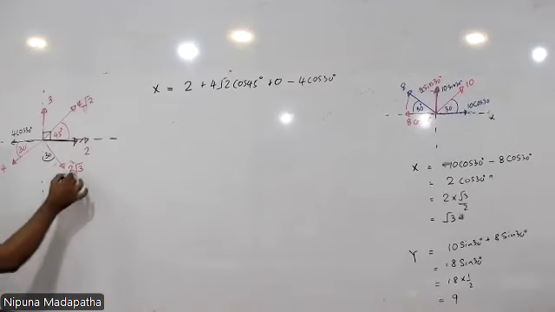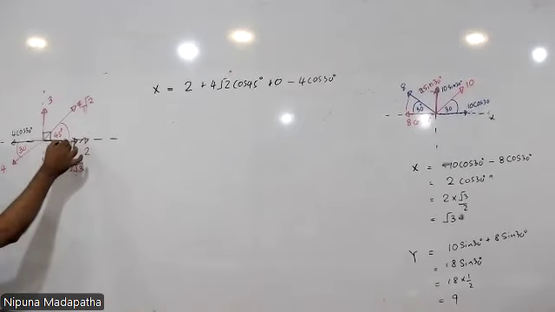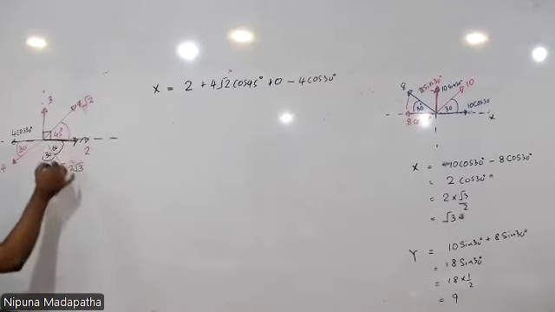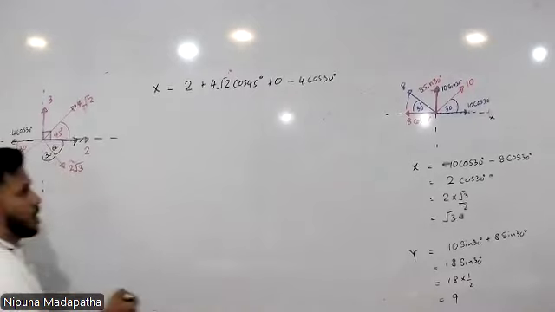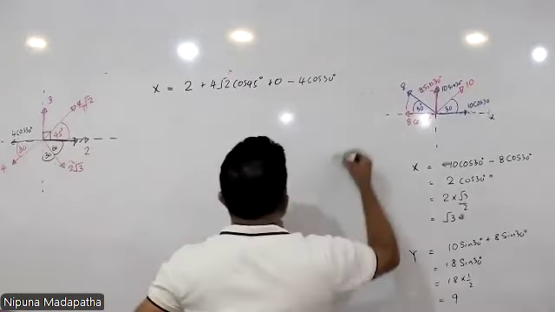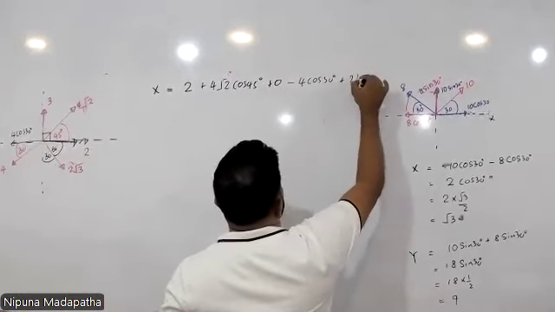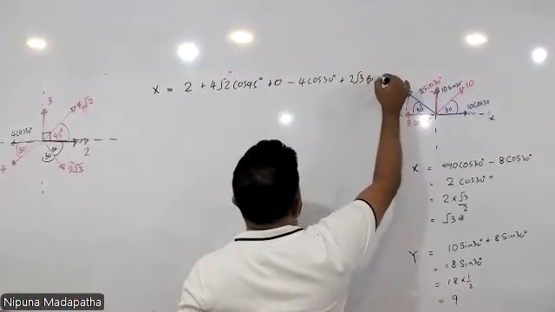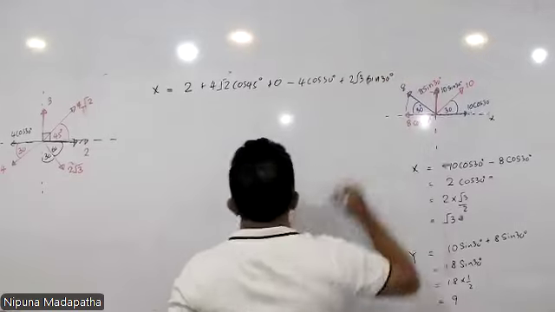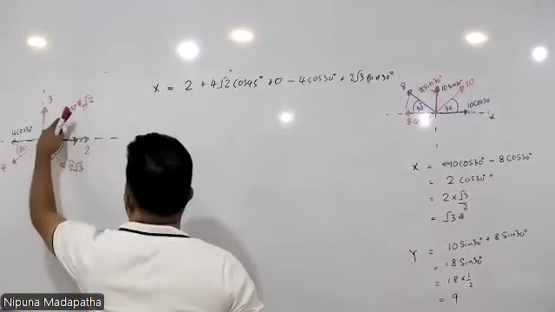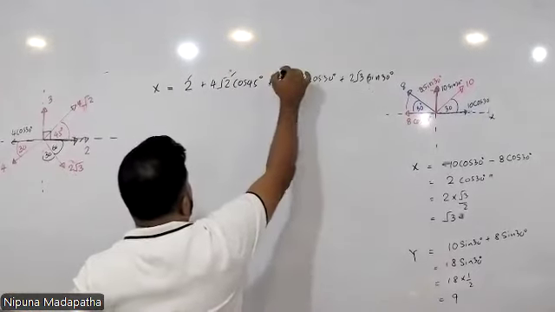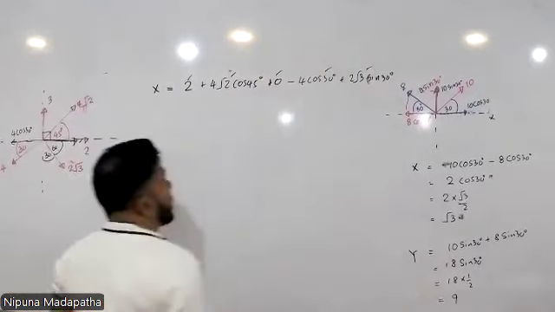So it is 2 root 3 sine 30, or you can say this angle is 60, 2 root 3 cos 60. It is positive. The component is half.